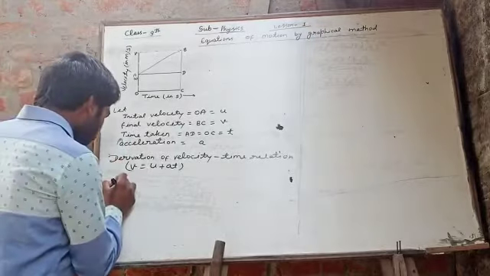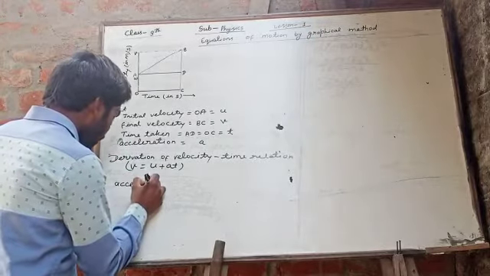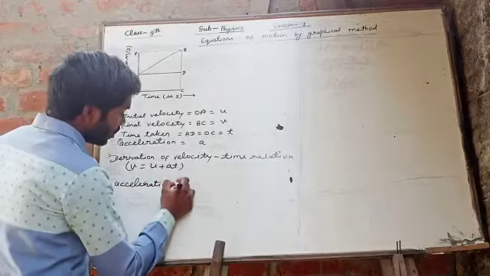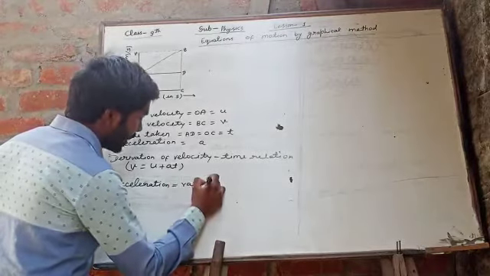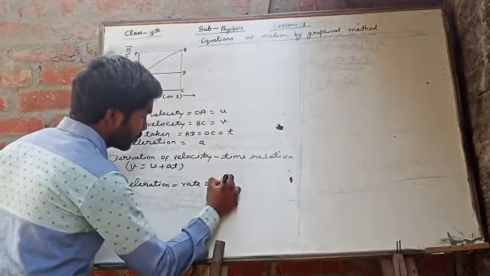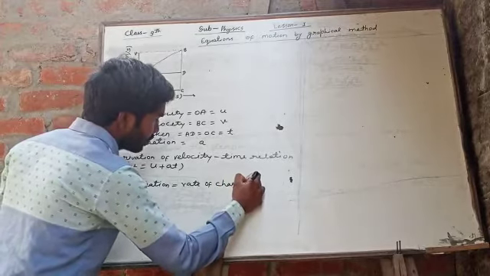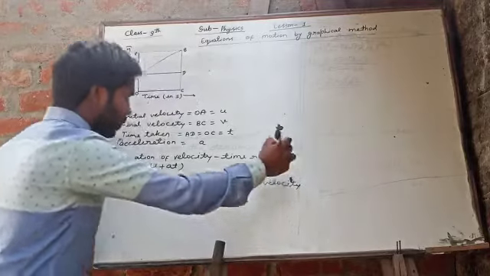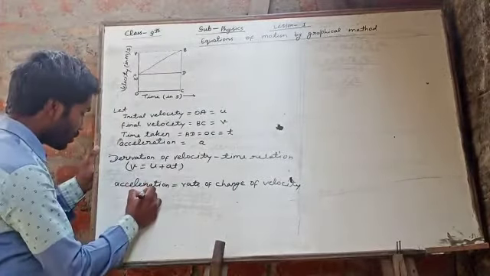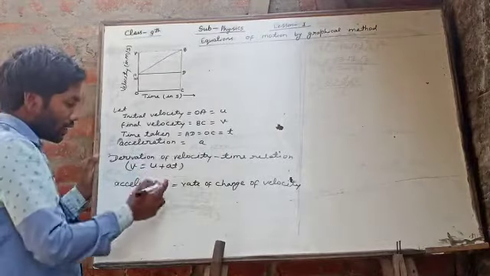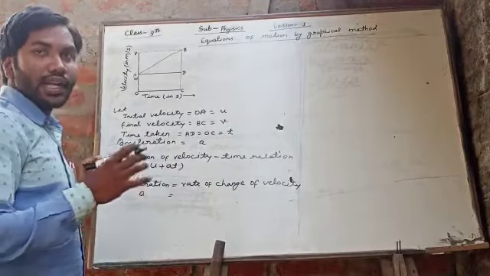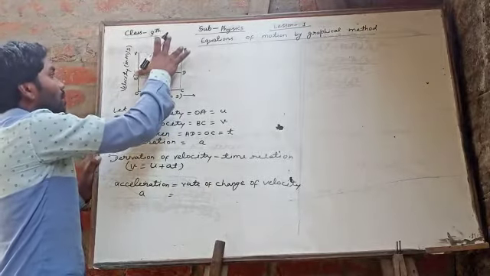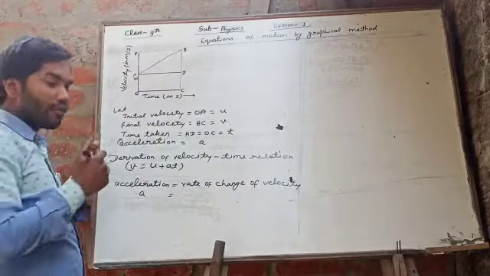So here acceleration, which we have let be A, is equal to the rate of change of velocity, and that represents the slope of AB.